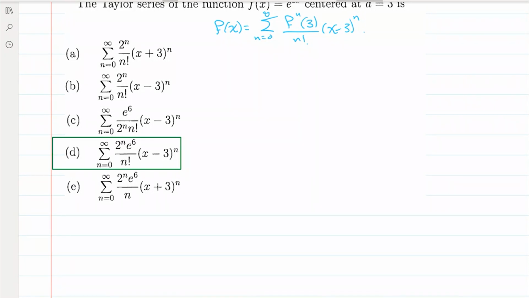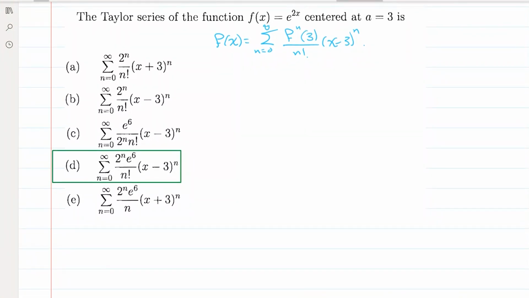Let's see. Well, I differentiated f of x, which is e to the power 2x, and the first derivative was 2 e to the power 2x. Yes, the idea here is just to find the general form of the derivative. So the original function f of x is e to the power 2x.